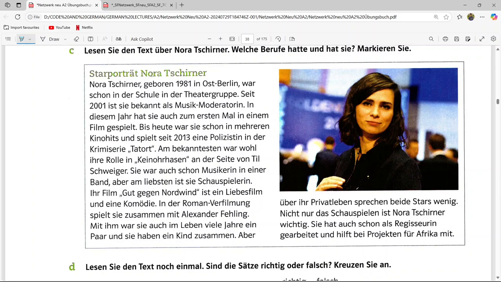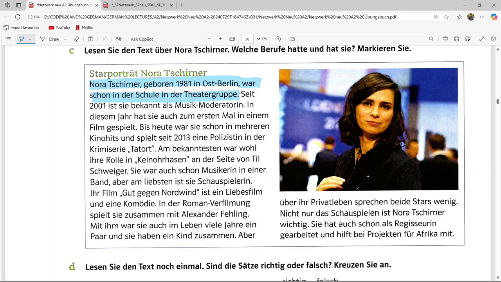Star portrait Nora Schiner. Okay, Nora Schiner, geboren 1981 in Ost-Berlin. So Nora was born in 1981 in East Berlin. War schon in der Schule in der Theatergruppe.